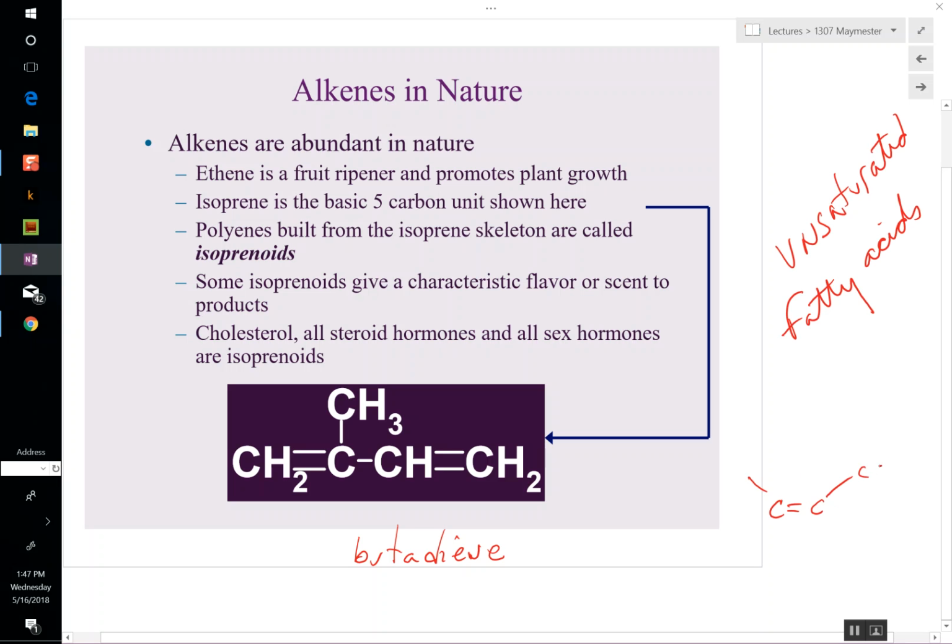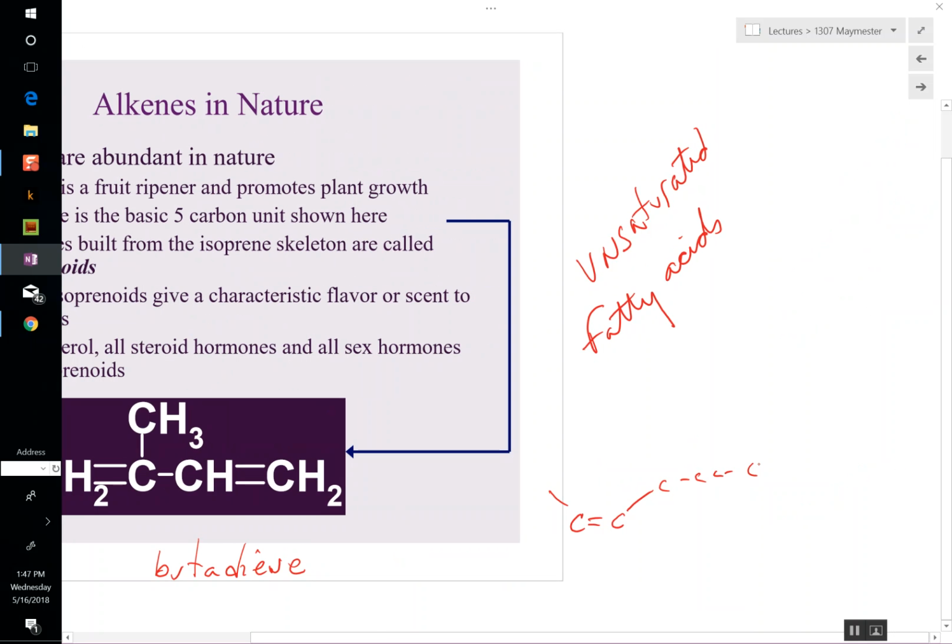And then it goes off to a bunch of carbons. And why are they fatty acids? Well, you get off to a carboxylic acid on the end of it. It's an unsaturated fatty acid. Why is it unsaturated? It has a double bond in it. And they are cis fatty acids that you find in nature.